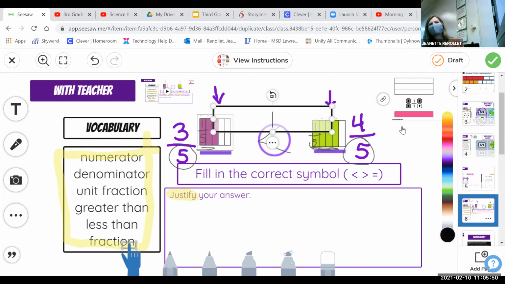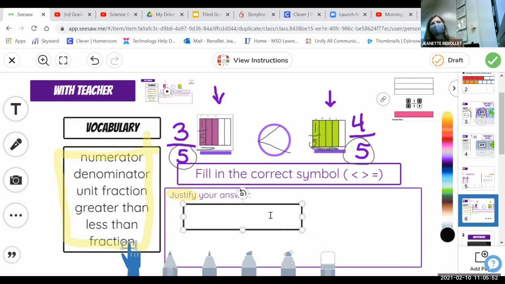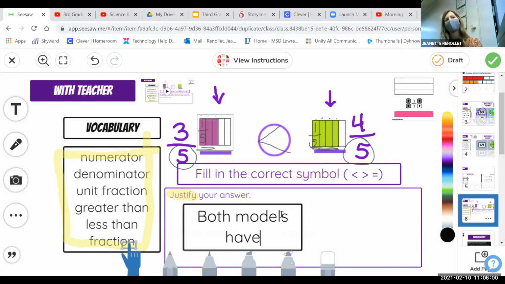Let's type it in, saying what we said using math vocabulary. Both models have the same unit fraction.